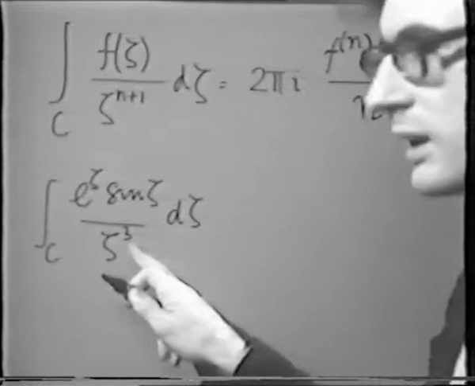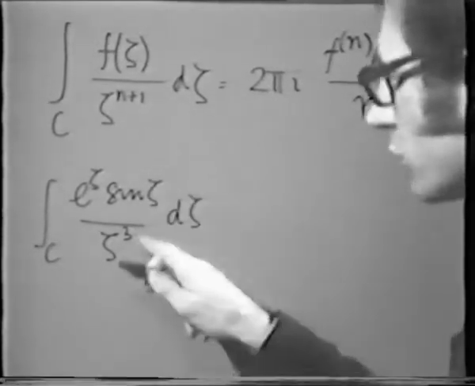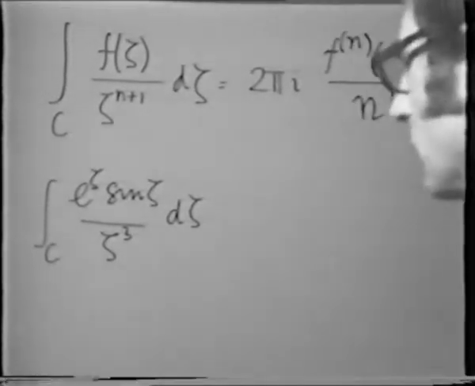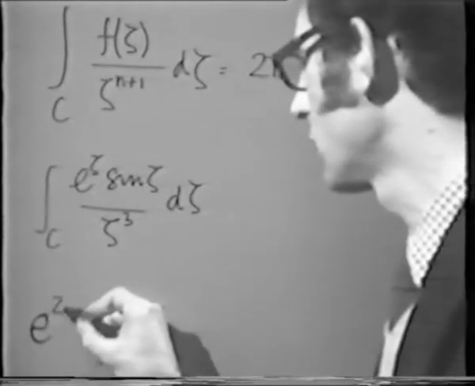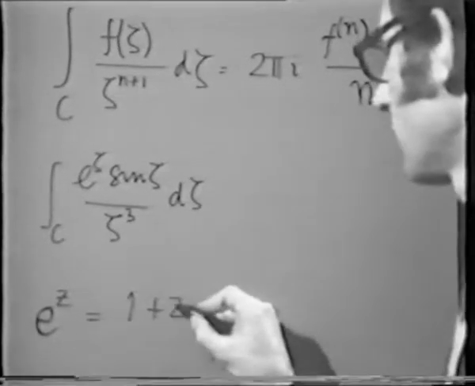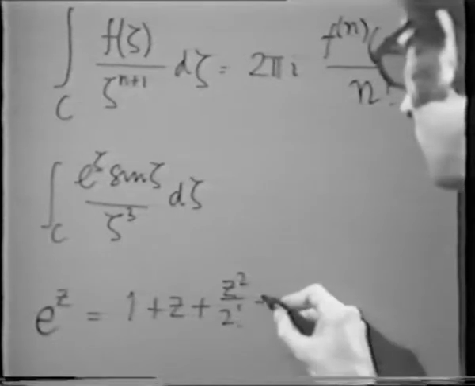I must look at the coefficient of z squared, because n is 2, multiply that by 2 pi I, and that will give me the value of the integral. Well, how do I calculate the Taylor series? E to the z is 1 plus z plus z squared over 2 factorial, and so on.